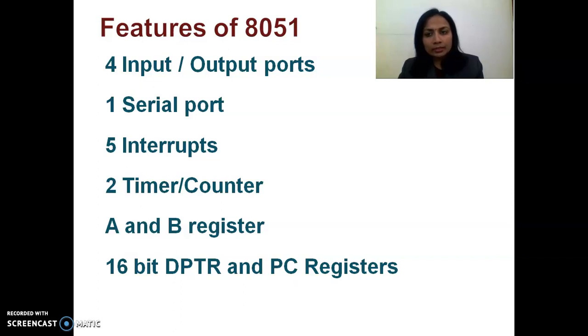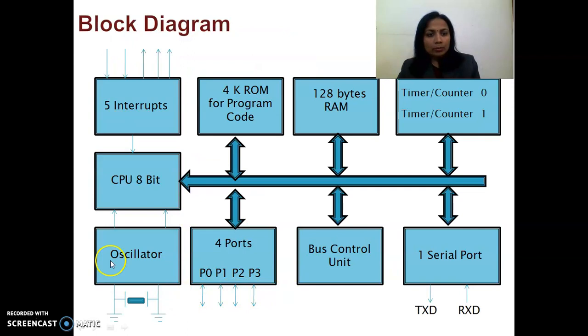Now let us look at the block diagram of 8051 microcontroller. The block diagram of 8051 microcontroller consists of a central processing unit, which is 8-bit, which is connected to an oscillator, which has a crystal oscillator, which provides 12 MHz or 16 MHz frequency.